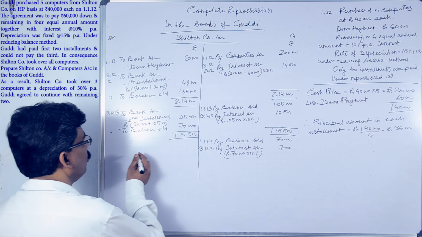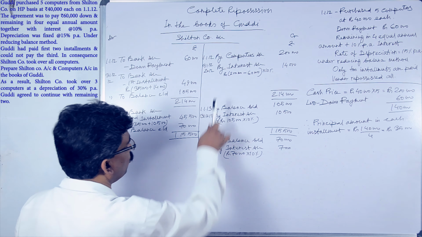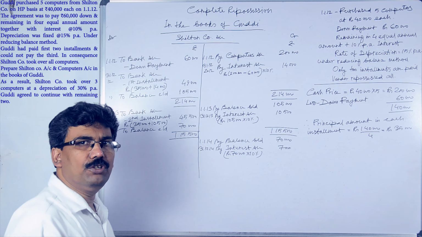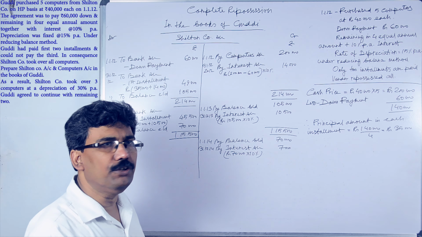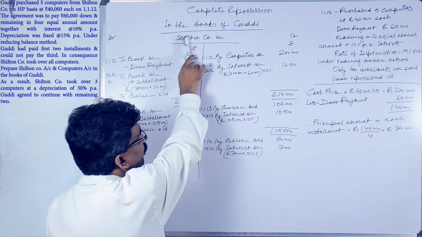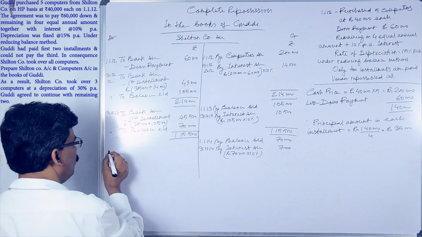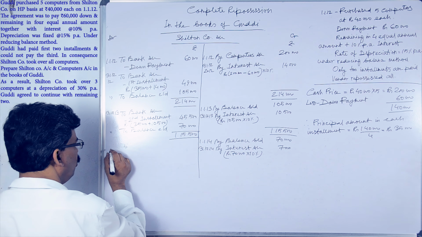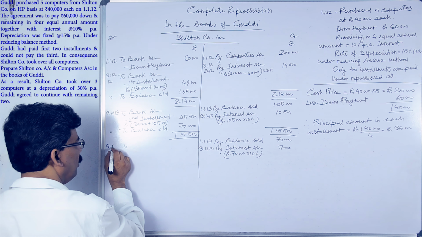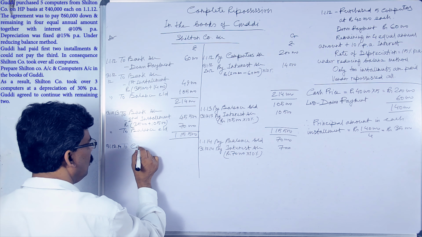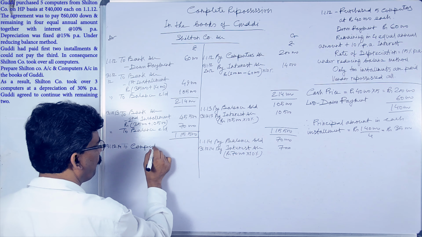Then what to do? When you purchase the asset, we wrote computers account debit to Shilton Company account. And when Shilton Company is taking over all the assets, it's to be reversed. Shilton Company account debit to computers account. This will have to be done on 31/12/2014.